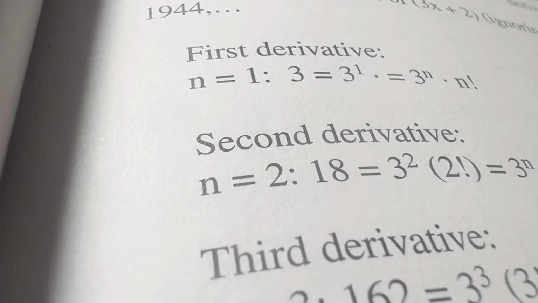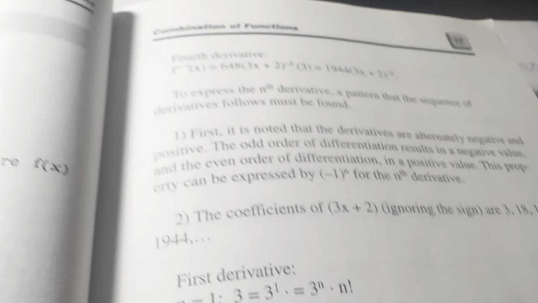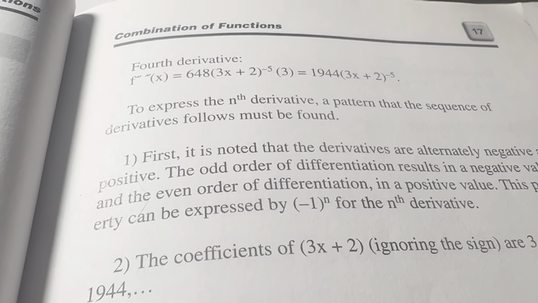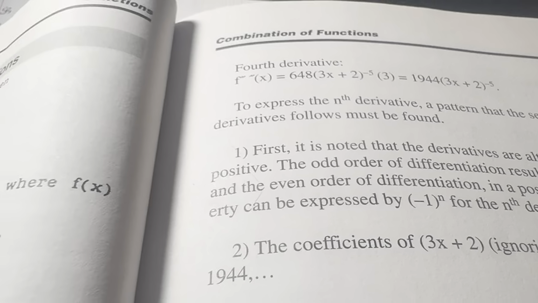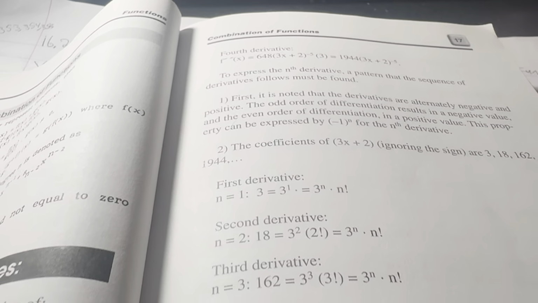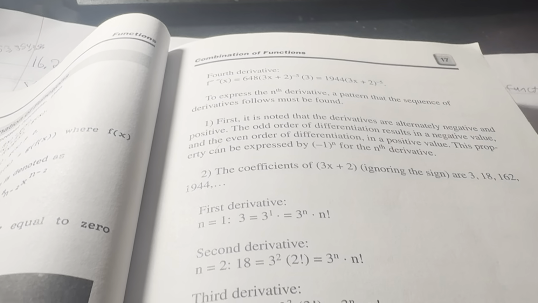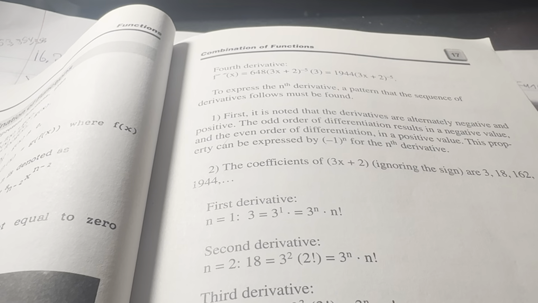To express the nth derivative, a pattern in the sequence of derivatives must be found. First, it is noted that the derivatives alternate between negative and positive.